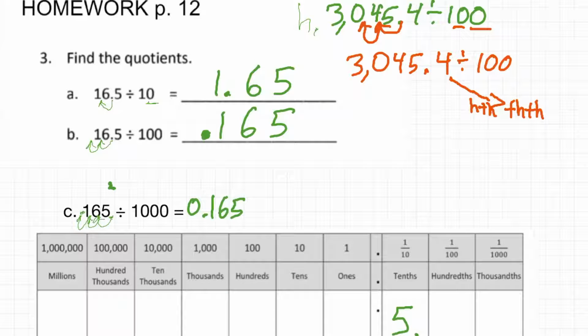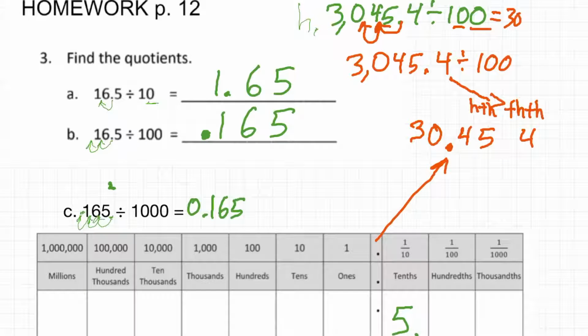So we're going to have the 4 in the thousandths place, the 5 in the hundredths place, the 4 in the tenths place, and as you can see, after the tenths place comes a decimal. Then we have a 0 and a 3. So our answer is 30 and 454 thousandths. So that's for H.